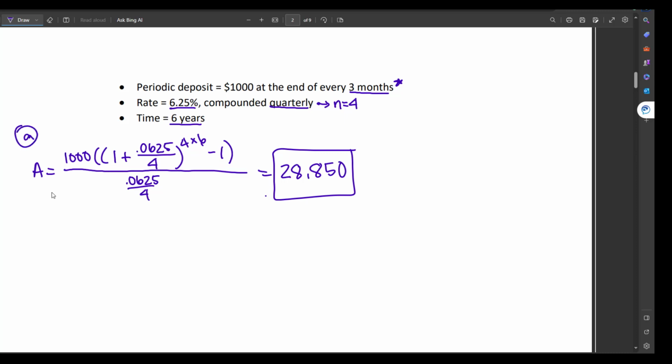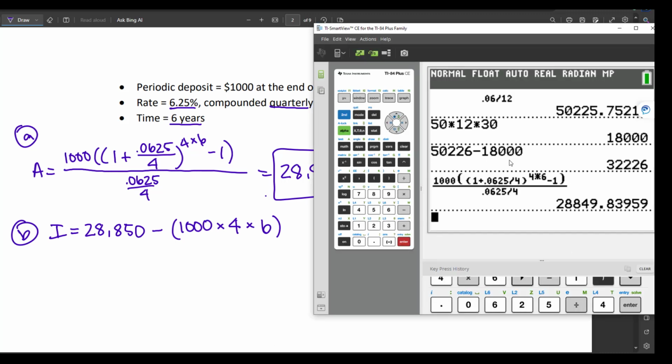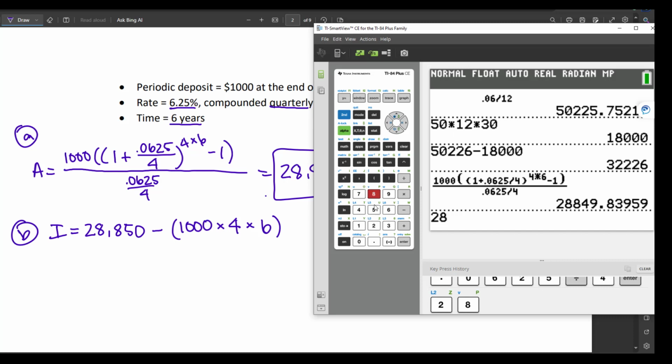Let's find our interest. I equals the future value amount, 28,850, minus our deposit. So we put $1,000 in 4 times a year for 6 years. If you don't want to do it piece by piece, you can do it all at once if you use the parentheses.